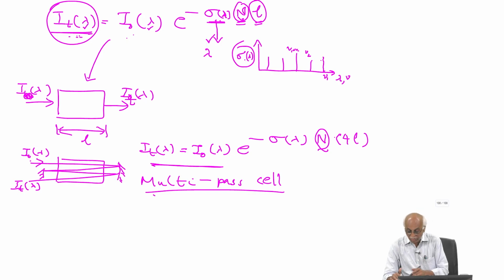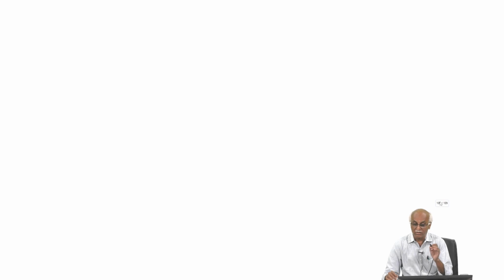Now, if you can recall how a laser system works, let us say there is a mirror, there is an optical amplifier, there is another mirror, and feedback is this.